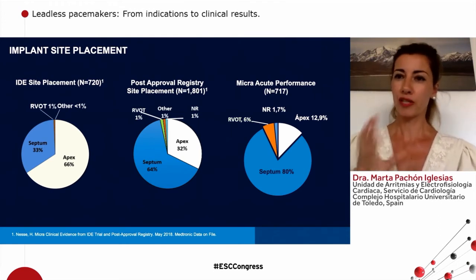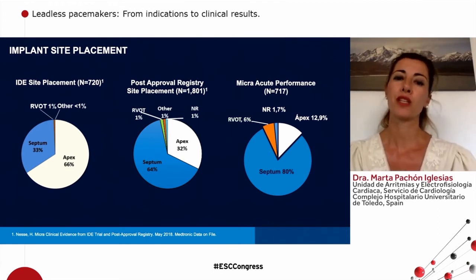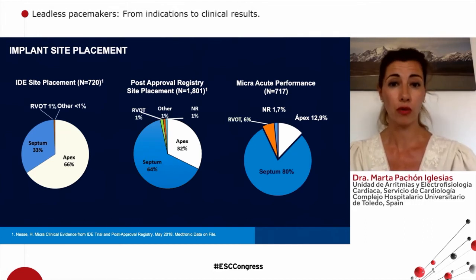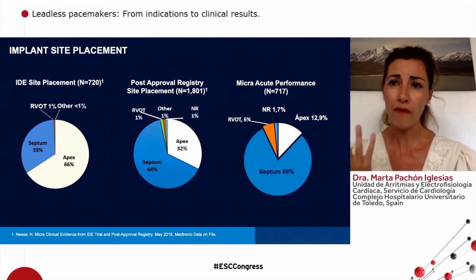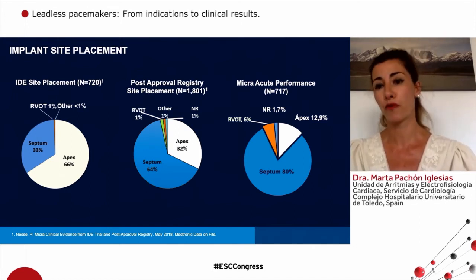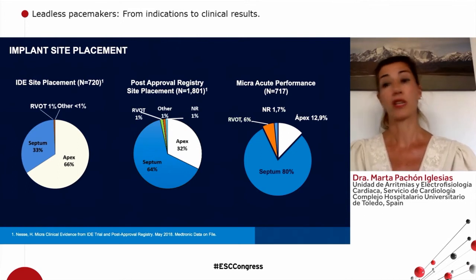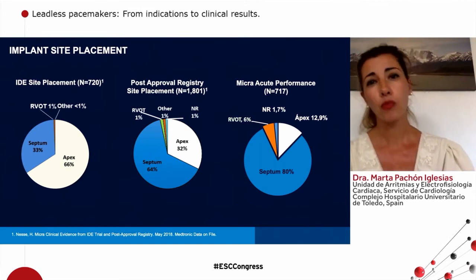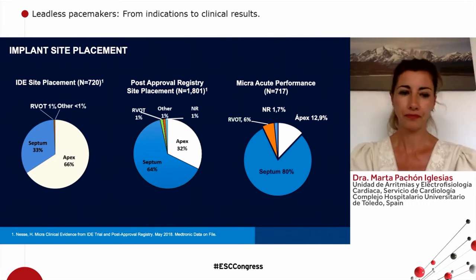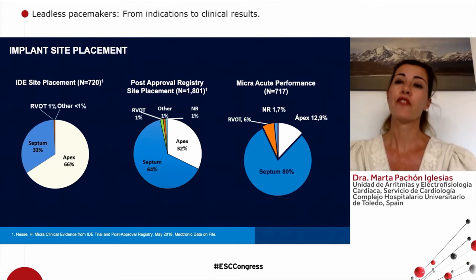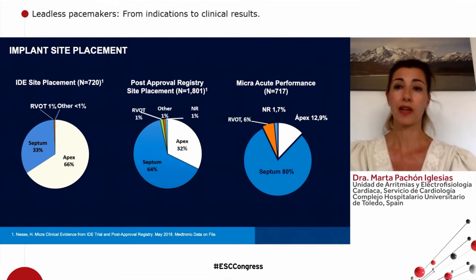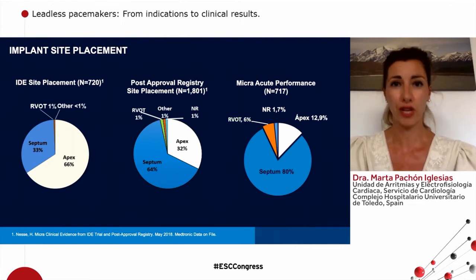That was just the opposite in the post-approval registry, where 2/3 of the Micras were implanted in the septum and only 1/3 in the apex, and this difference is even more evident in the Micra Acute Performance, in which 80% of the Micras were implanted in the septum. And this has been very important to avoid complications, mainly pericardial effusions and perforations.